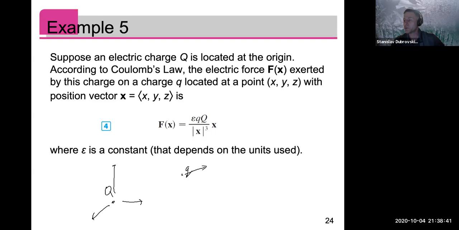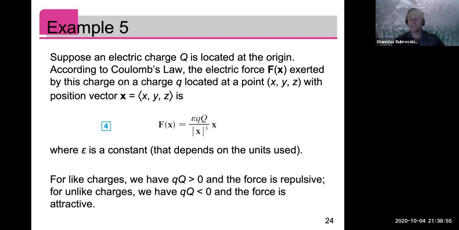So the product is positive, both positive or both negative. Then the force will be a repelling force. And if they are negative of each other, the opposite charges, then it will be a force of attraction.